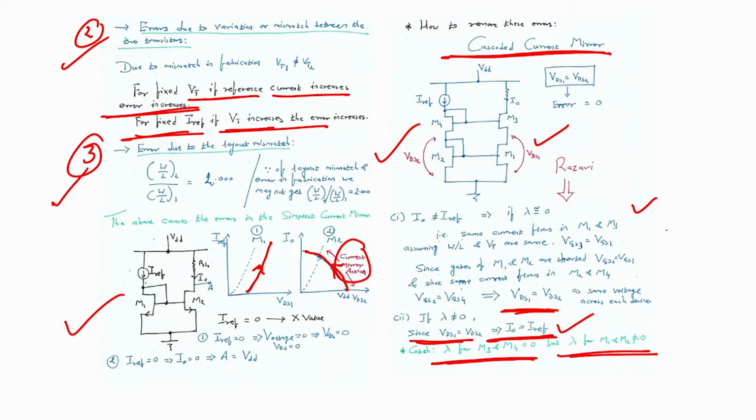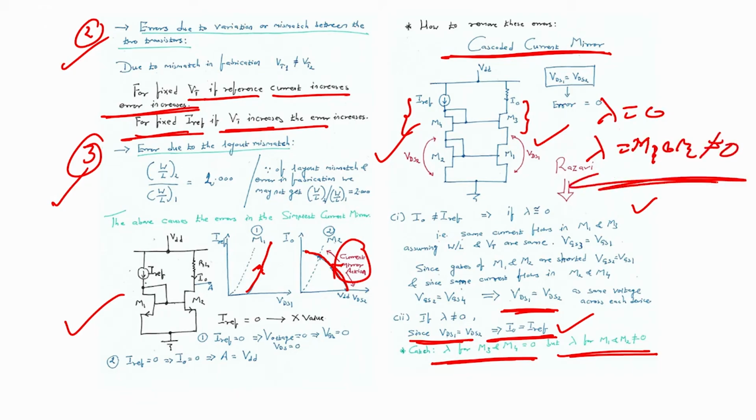So, both these conditions are okay to remove the error, but here what we are assuming is that lambda for M3 and M4 is 0, while lambda for M1 and M2 is not equal to 0. This is not correct, right.